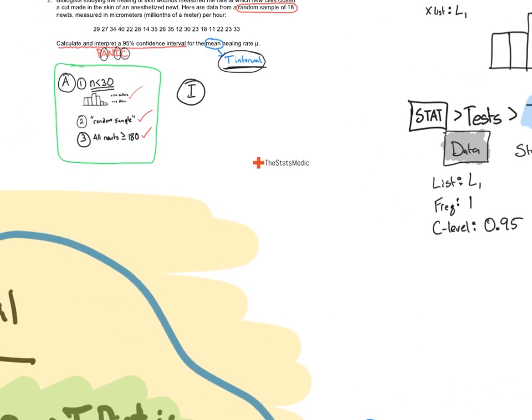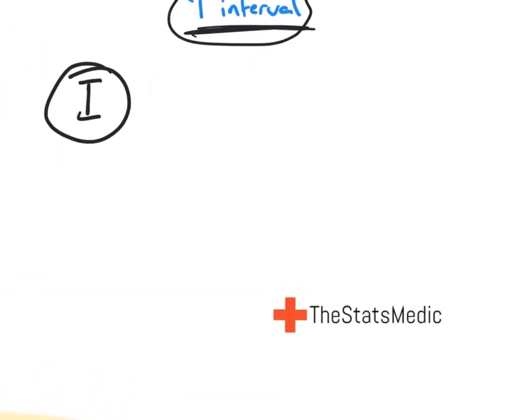So let's do interval calculation. First thing that you need, look at the actual formula for interval calculation. You need the x bar, which I'm looking at my calculator right this second, it's 25.67. Again, there's no requirements for rounding in stats, so you decide what you want to round to.